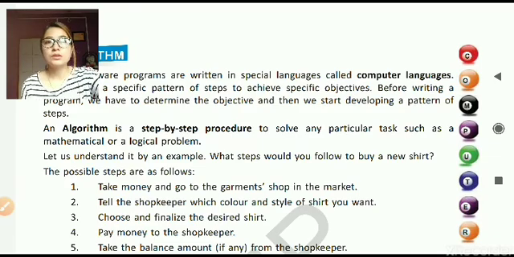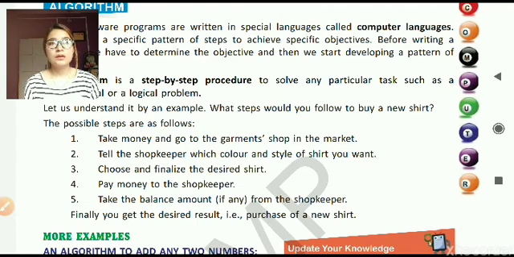As you can see here, an example is given. If you have to buy a new shirt or new dress or new frock, what would be the possible steps you have to follow? First, take money and go to the garment shop in the market or to the shop where you usually get your dresses from. Second, tell the shopkeeper which color and which style of dress or shirt you want.